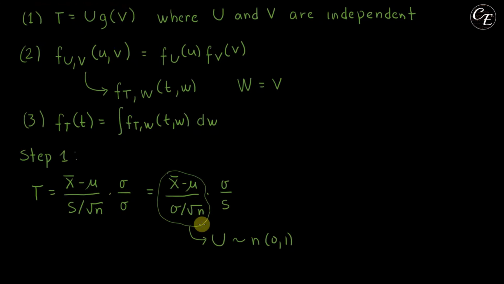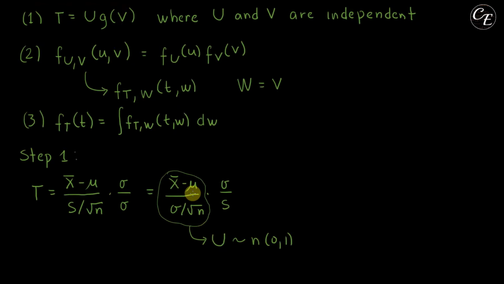Now for others who want a proof that this expression has this distribution, I will provide the proof at the end of this video after deriving the PDF for the t-distribution. So we have an appendix for this video which proves that this expression has a standard normal distribution.